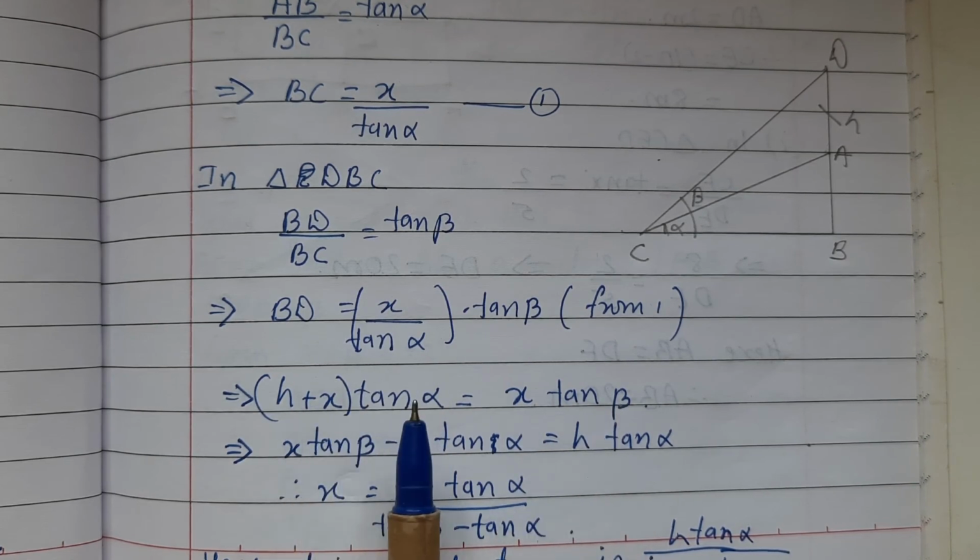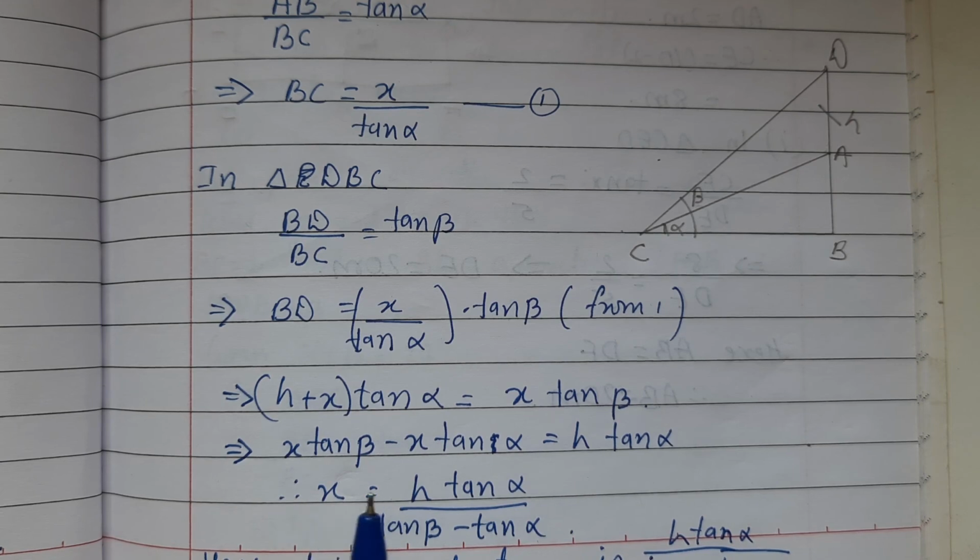Open the bracket. h tan alpha plus x tan alpha is equal to x tan beta. Take x tan alpha to the other side, so this is x tan beta minus x tan alpha equal to h tan alpha. x is common, so x into tan beta minus tan alpha is equal to h into tan alpha.